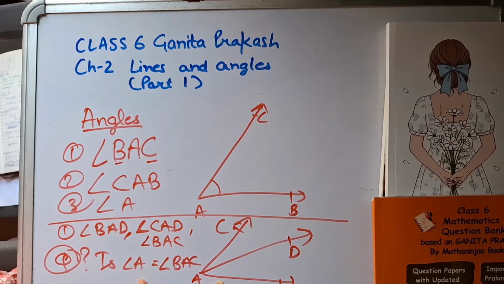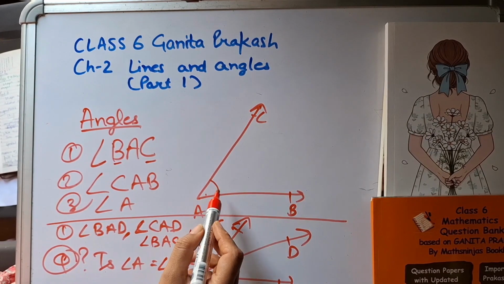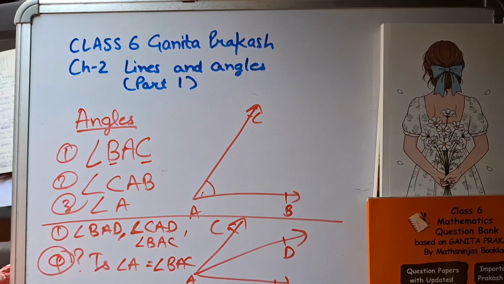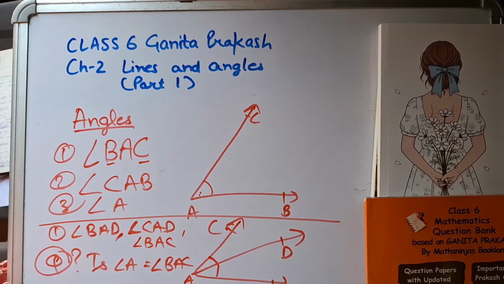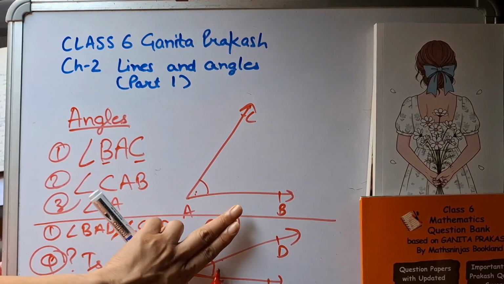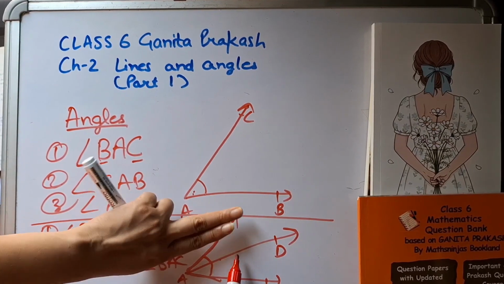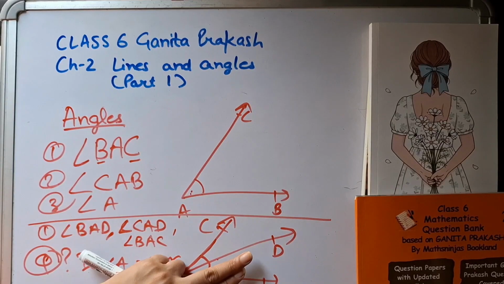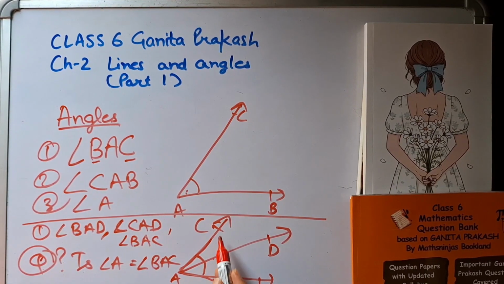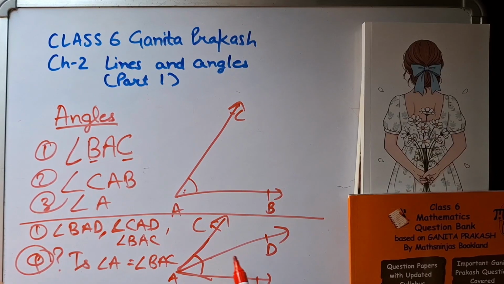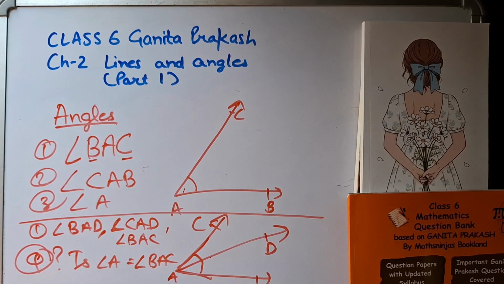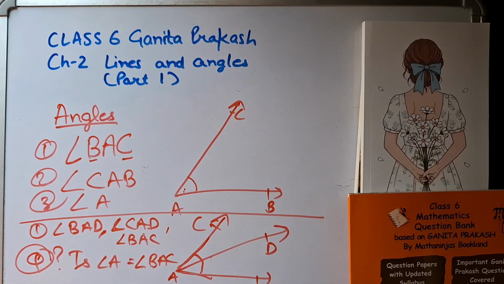They are not at all the same, because when we say A, we know which angle we are talking about. But here when we say A, there are lots of angles at A. You have this line, and when you don't consider this, then you have this line. So many lines, so many angles lie at A. Three angles lie at A, where A is the starting point.